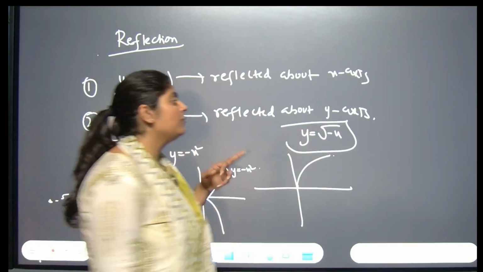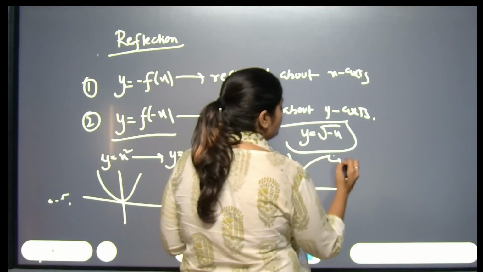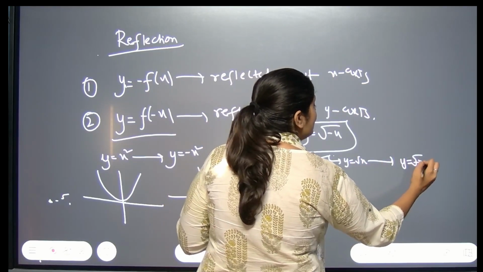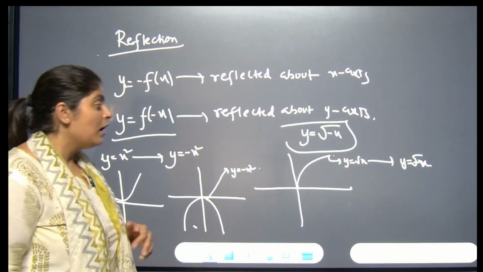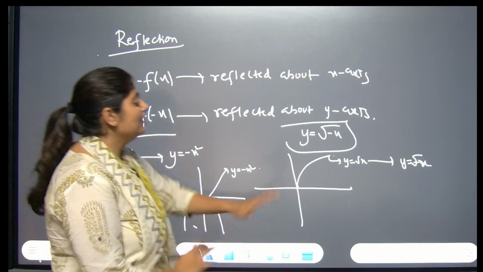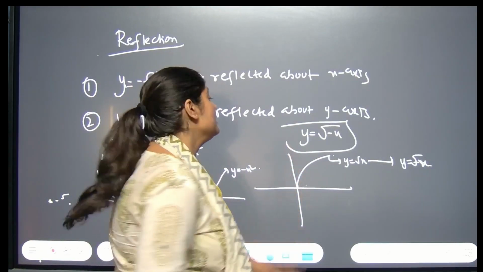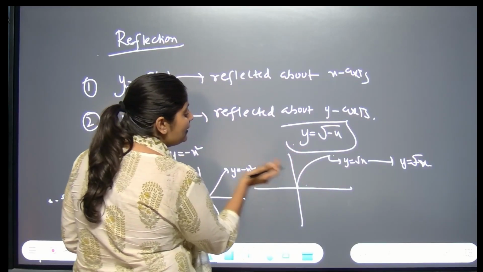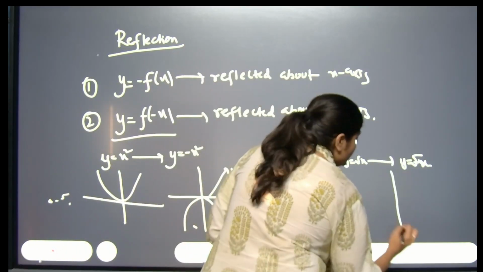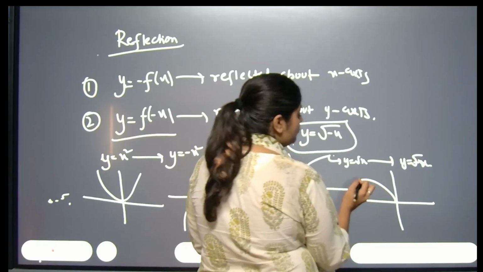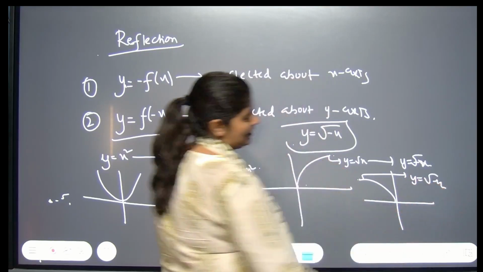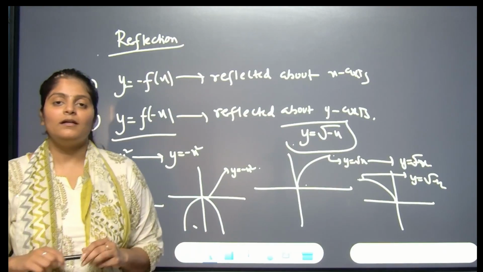When we transform y equals root x to y equals root of minus x, the graph is reflected about the y-axis. Similarly, we'll take a reflection about the y-axis and plot the graph. So the transformed graph would be this. This would be y equals root of minus x. So this was about reflection.